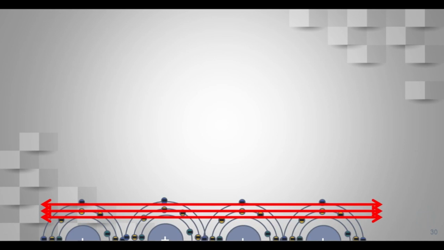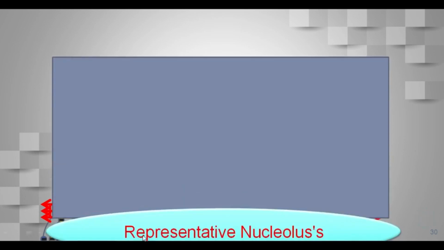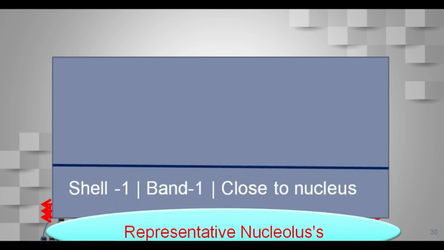So we may have band 1, band 2 and the outermost valence band. So if we consider the representative nucleuses of all the atoms present in the material, because we don't have only one atom in a material, then there will be a region very close to the nucleus, the first band or shell 1, that is very close to the nucleus.